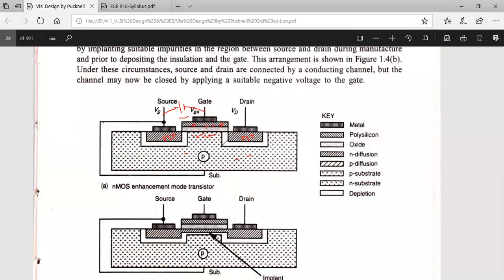You can observe I am giving some positive voltage between the source and the gate. As the input voltage is small, within 0.1, 0.2, 0.3 volts, only a few free electrons move here. That means there is an attraction between the negative and the positive, the positive charge here and the electrons here, right?